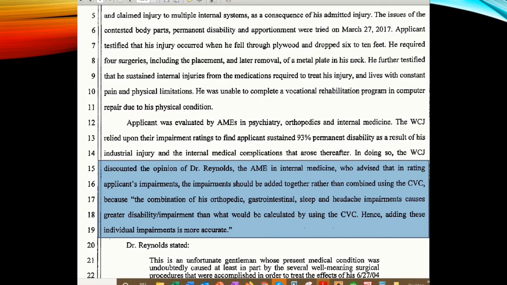Hence, adding these individual impairments is more accurate. Now, here he doesn't explain how or why they cause greater disability than what would be calculated, but he simply states that they do.